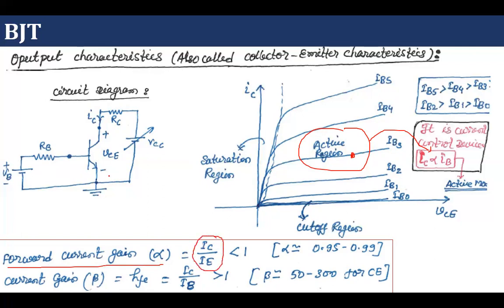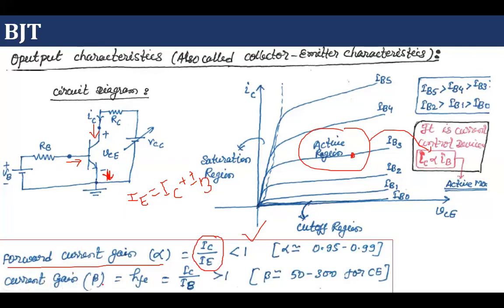We know that IE is the current passing through the emitter terminal. Obviously, the current coming from the collector side and the base side both go towards the emitter terminal, so the emitter terminal carries the summation of these two currents, and that's why the ratio of IC upon IE will always be less than 1. Practically, the alpha value is 0.95 to 0.99.